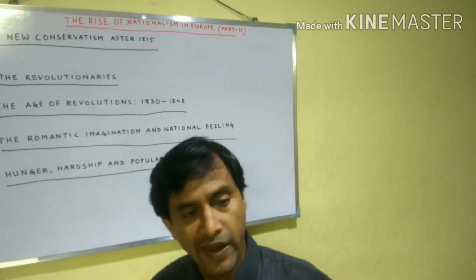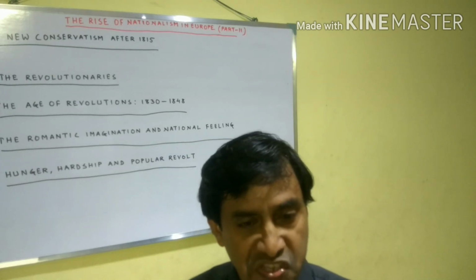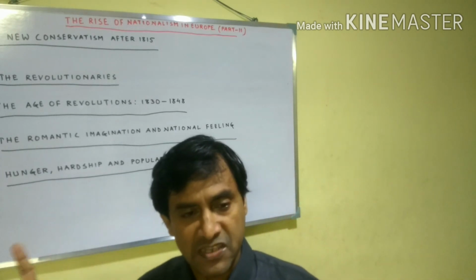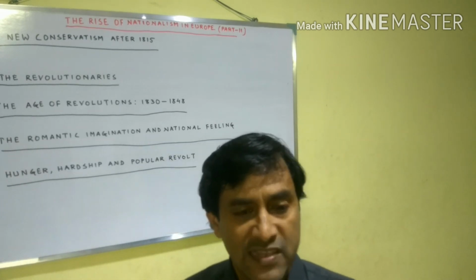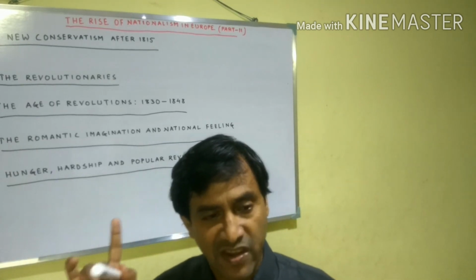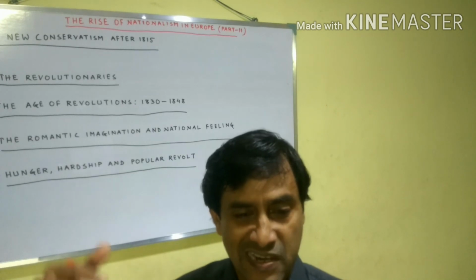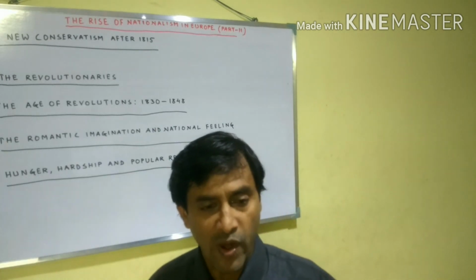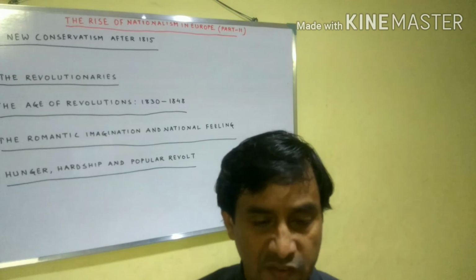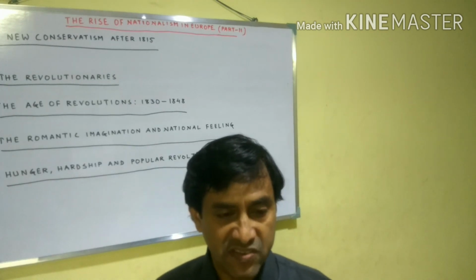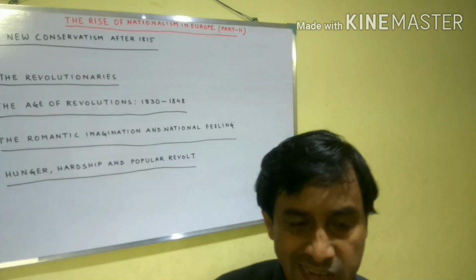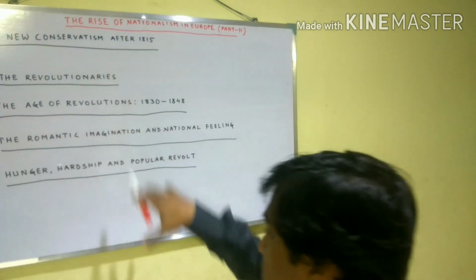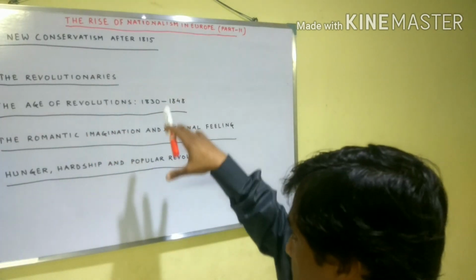Number 2, name 2 secret societies established to train revolutionaries in Europe. Number 3, who was Mazzini? Describe his contribution in spreading nationalism in Europe. Number 4, what does the term romanticism refer to? Number 5, describe in brief the great economic hardship during the 1830s in Europe. These 5 questions are very important from this discussion.